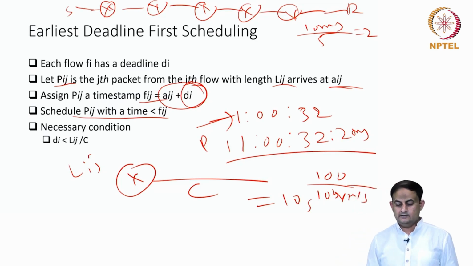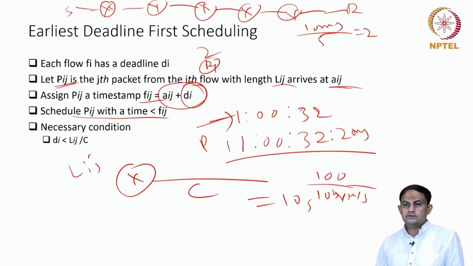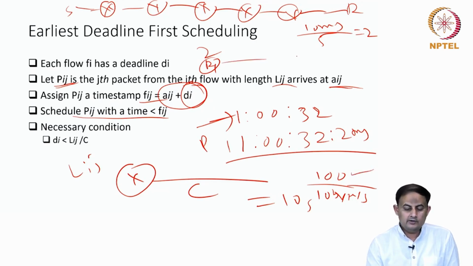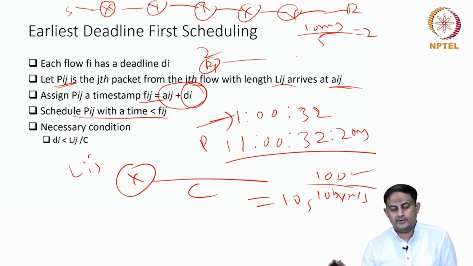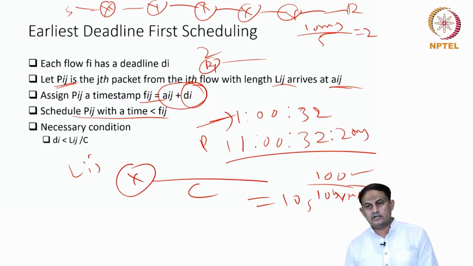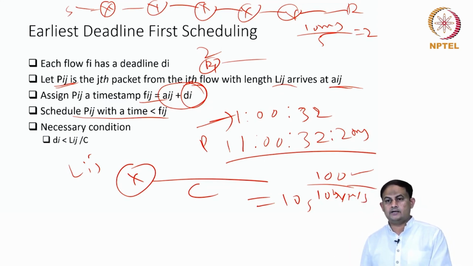So, what it means is, if packet Pij arrives with the condition that I need to exit router R1 within 2 milliseconds, and the amount of data inside this packet is 100 bytes, and going by the rate at which bytes are exiting, or the rate at which transmission is done, it is taking 10 milliseconds, then the 2 millisecond transmission deadline cannot be met.